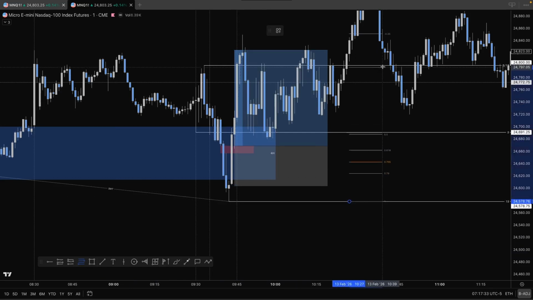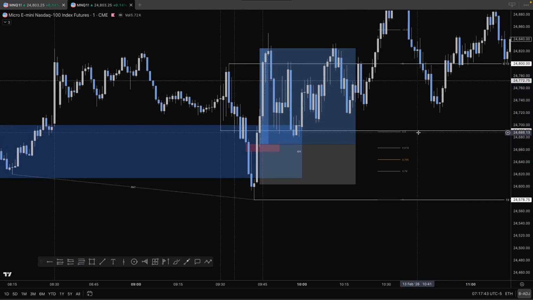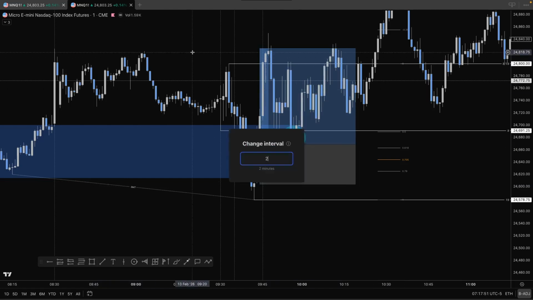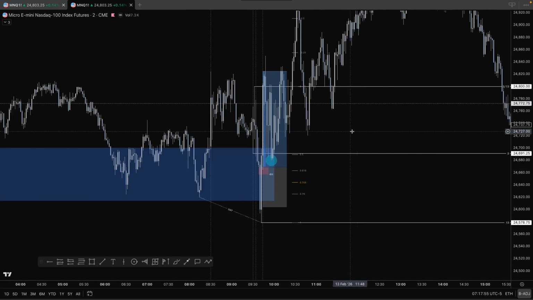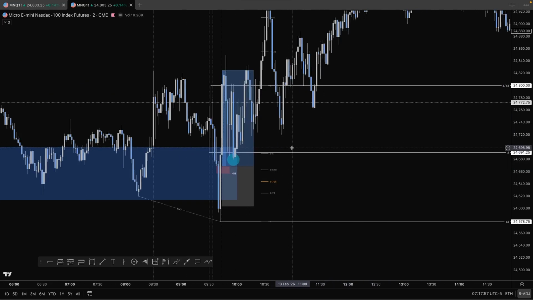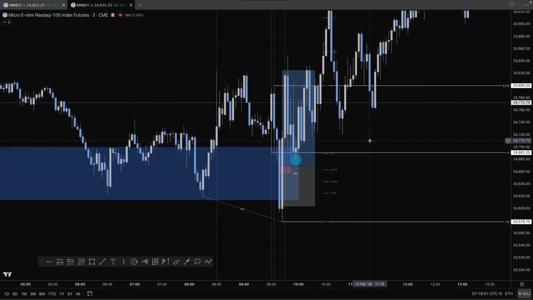And if we pull out our fib again, no, not like this, like this. Yeah, that's close enough. You can see we retested the CE of the 15-minute range, right? And I'm pretty sure if we look at the 2-minute, we had some gaps here, even inversed that. 3-minute, nothing.